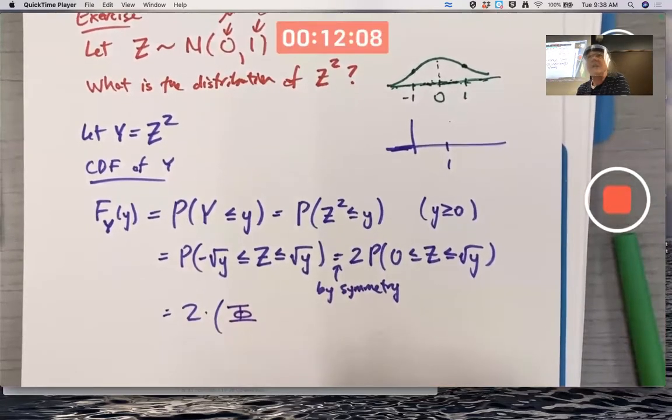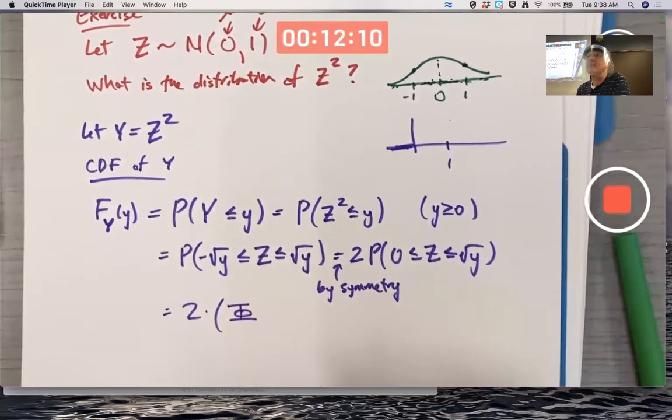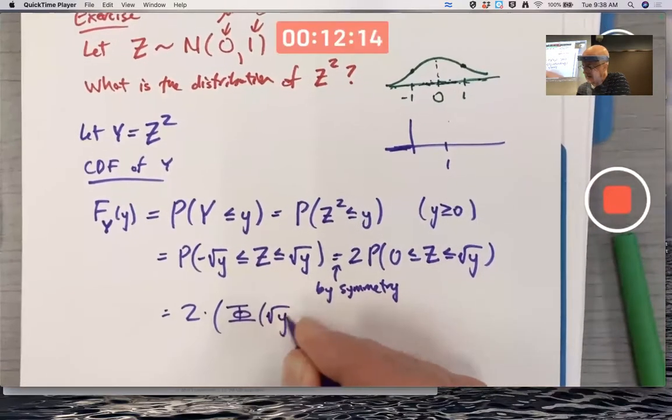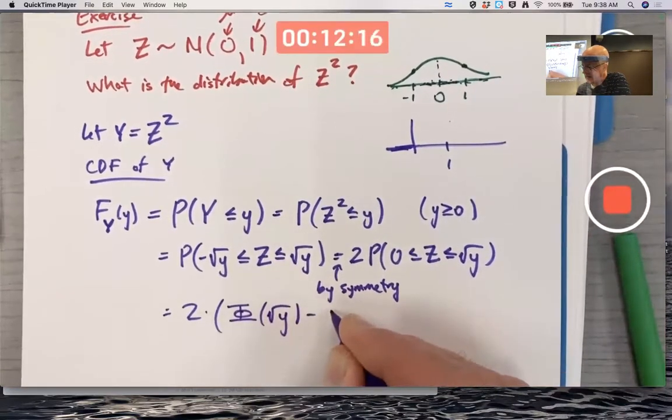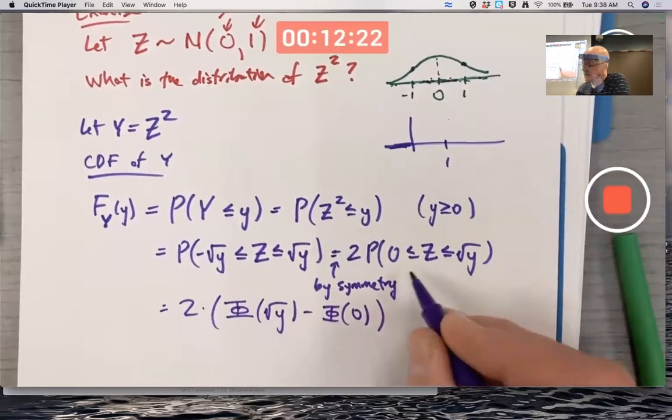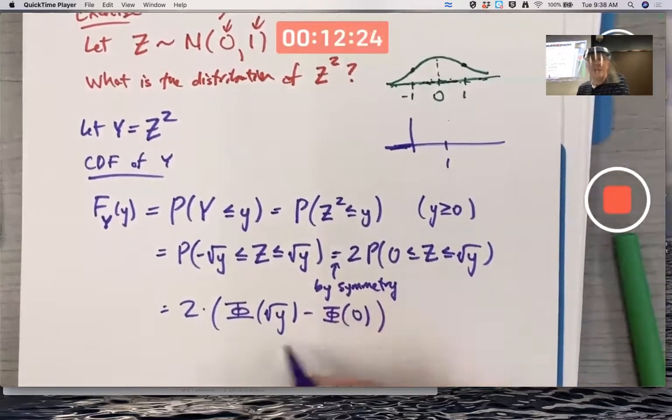That's the standard notation for the standard normal random variable's CDF. And the probability that z is between 0 and square root of y can be written as the difference of CDF values, right?